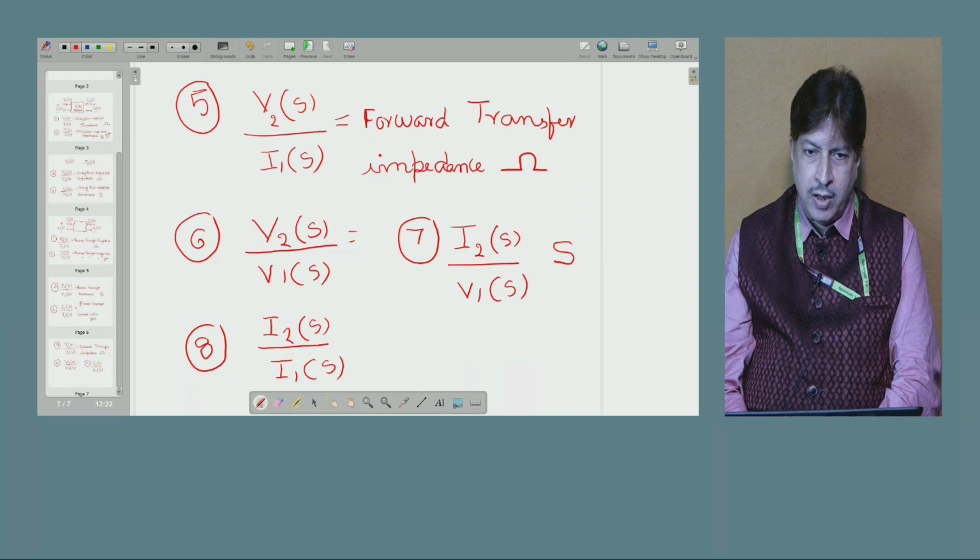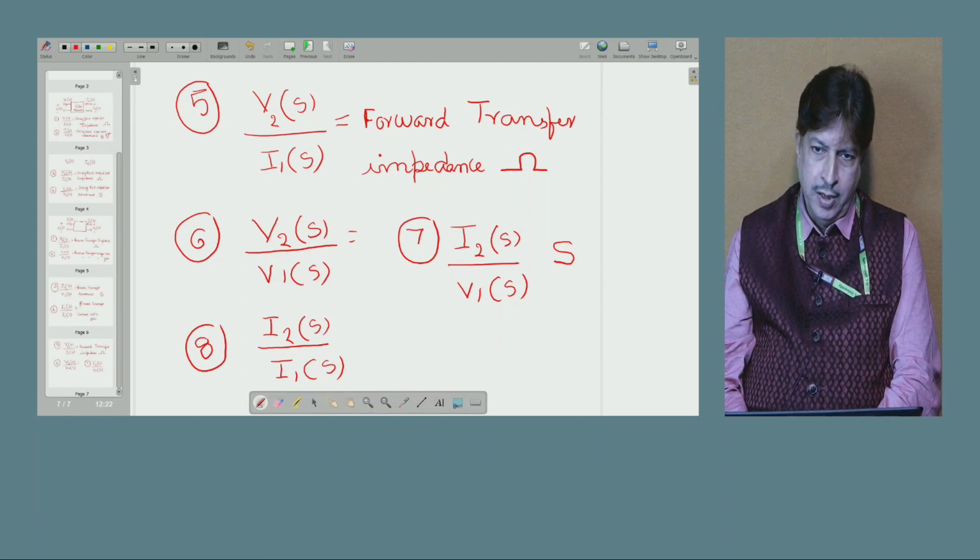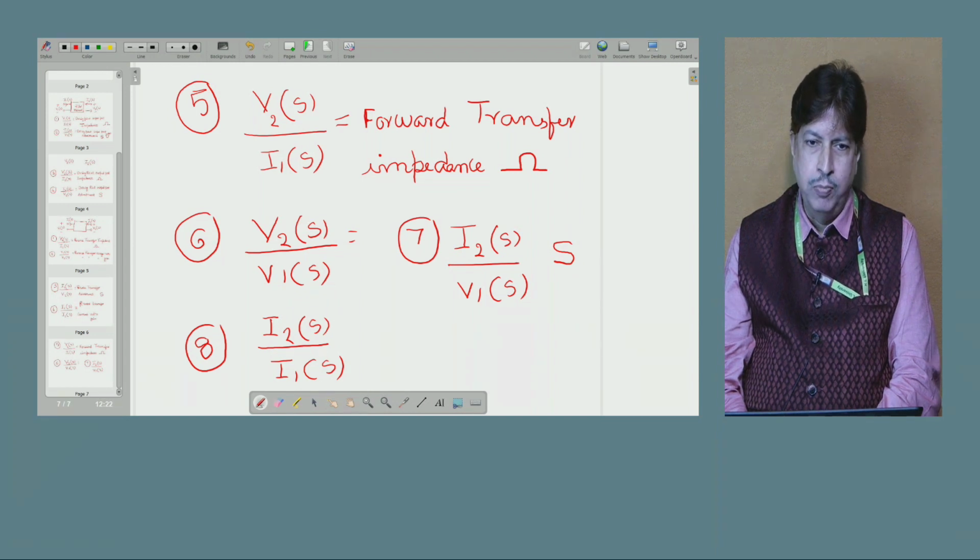That box has two ports. A port is a pair of terminals. Accordingly, the input side has input port voltage and input port current. Output side has output port voltage and output port current.